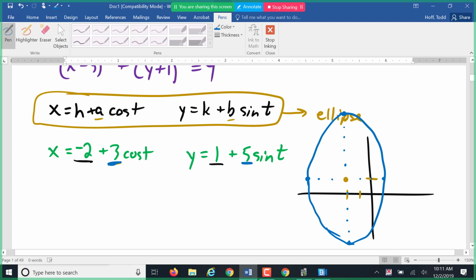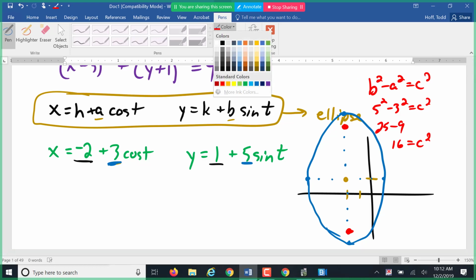Now I could find my foci here. Remember, b squared minus a squared equals c squared. So this would be 5 squared minus 3 squared equals c squared. 25 minus 9 is 16 equals c squared. So c is 4. So my foci would be right there.